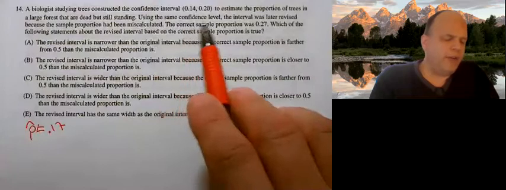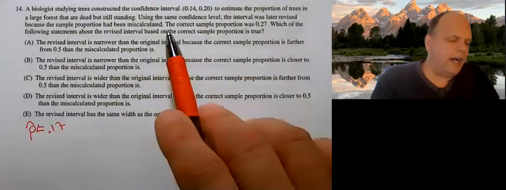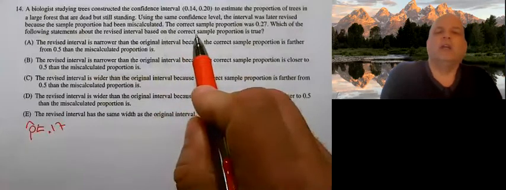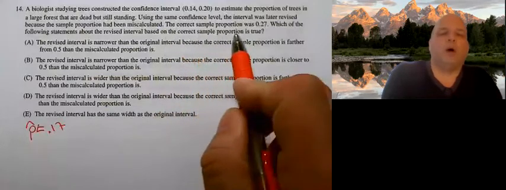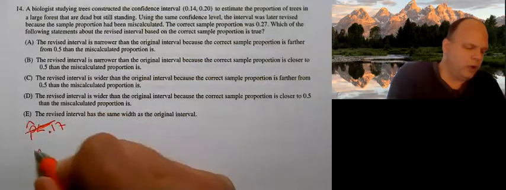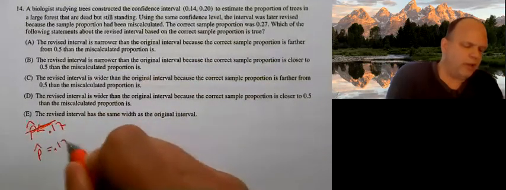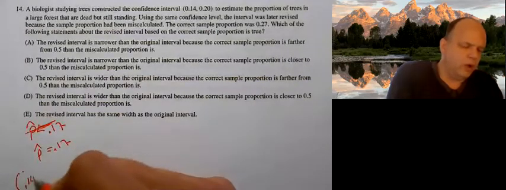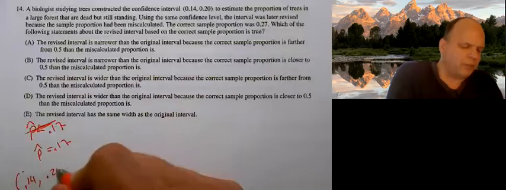Using the same confidence level, the interval was later revised because the sample proportion had been miscalculated. The correct sample proportion was 0.27. So we thought p hat was 0.17, and that was the interval for 0.14 to 0.20.